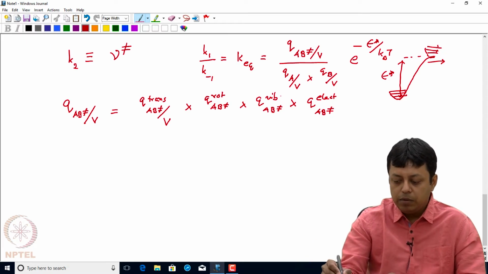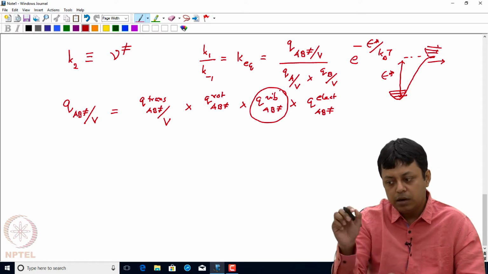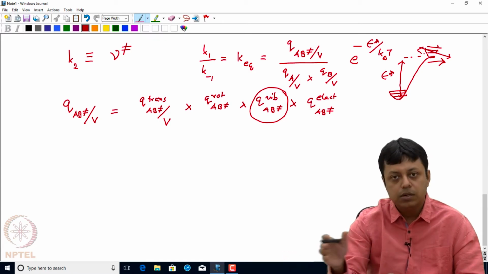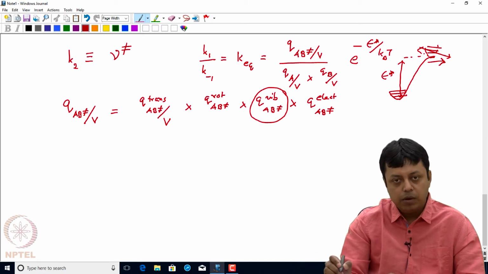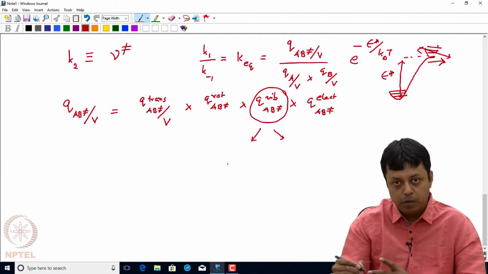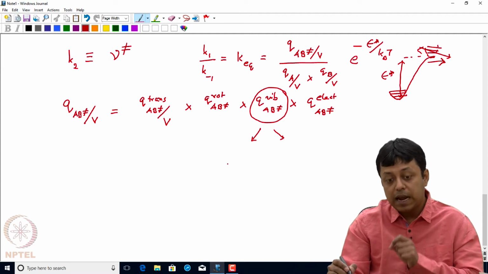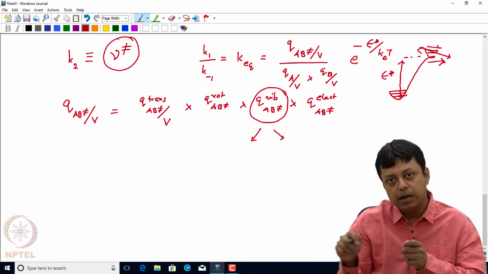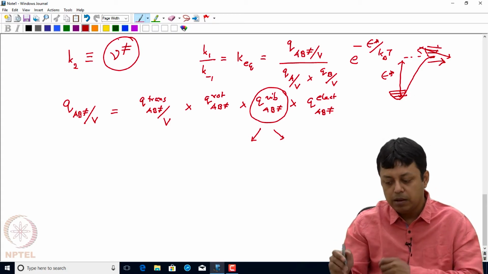Now you can think among all these vibrations, one vibration is along the reaction coordinate, along this arrow, and all other vibrations are orthogonal to this reaction coordinate. So we can split this vibration into two parts, where we will calculate one vibrational partition function for that particular vibration which has a frequency nu dagger, because nu dagger is along the reaction coordinate.